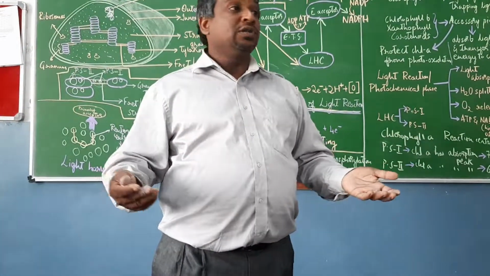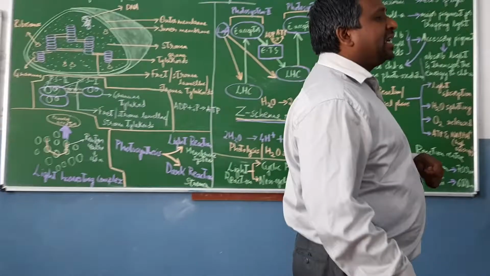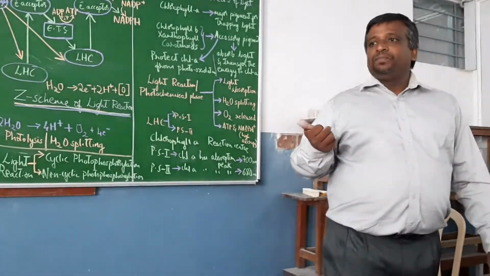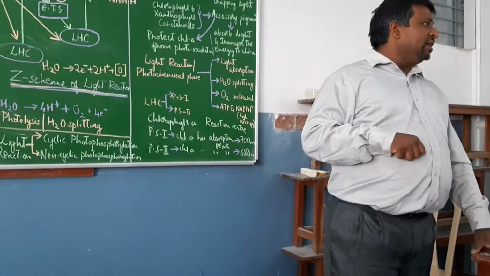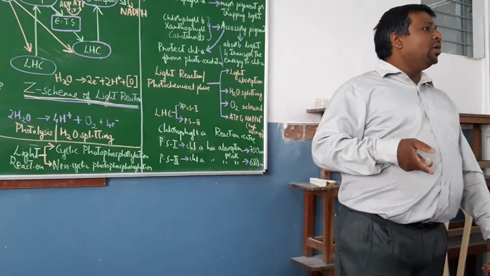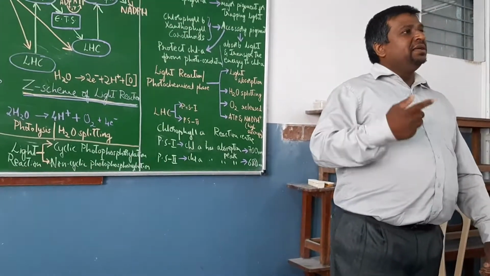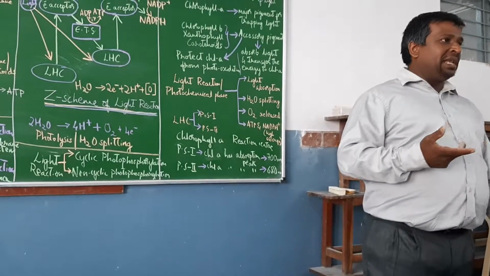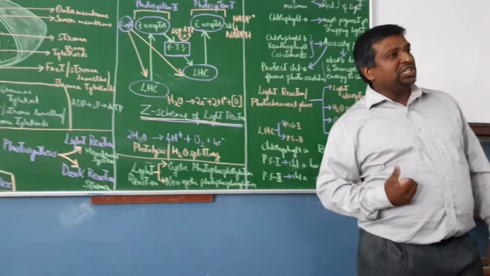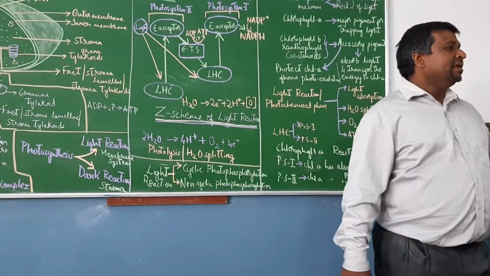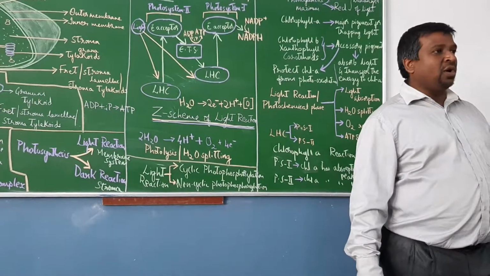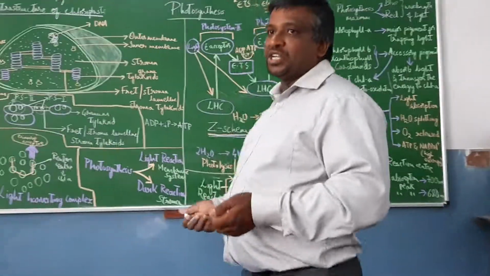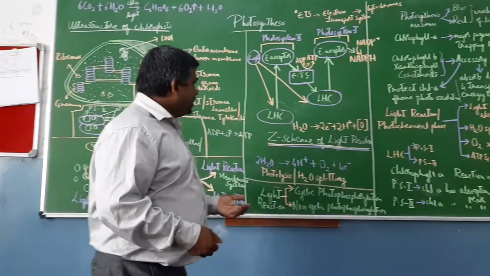Photosystem 2 has a reaction center of chlorophyll A which absorbs at 680 nanometer. Based on position, photosystem 1 is found in both granum thylakoid and stroma thylakoid, or fret or stroma lamella, whereas photosystem 2 is found only in granum thylakoids. Remember these differences between photosystem 1 and photosystem 2.